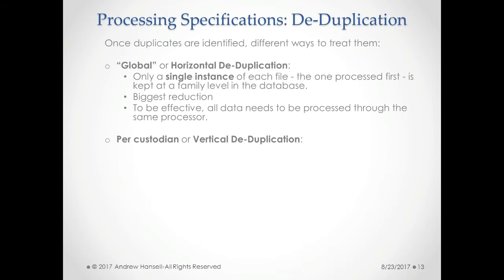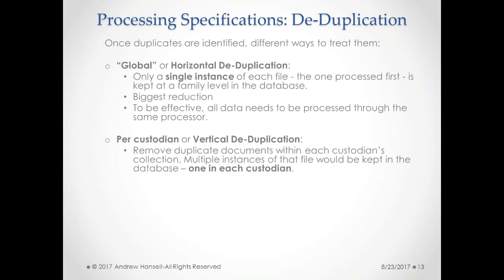So your second choice here potentially is per custodian or vertical deduplication. It's a little different here because you're going to remove duplicate documents within each custodian's collection, but multiple instances of that file will be kept in the database to the extent it exists among each custodian. So in the same scenario I had before, where I have 4 copies of an email because I have 1 custodian that sent it, and it was sent to 3 other custodians, under per custodian or vertical deduplication, all 4 copies are going to be kept because there will be 1 in each custodian's file.